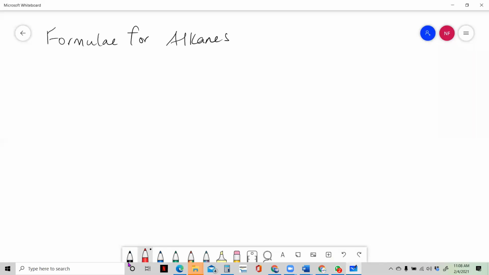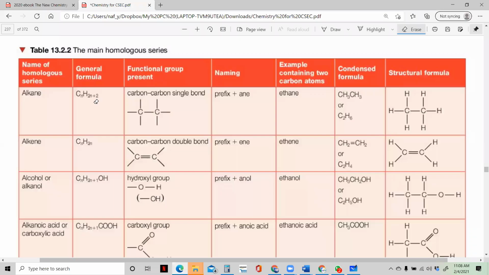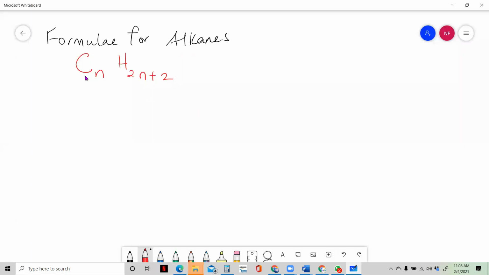Ladies, the general formula for an alkane is CnH2n+2. Now it works just the same way as math. N will be the number of carbon atoms in the chain.